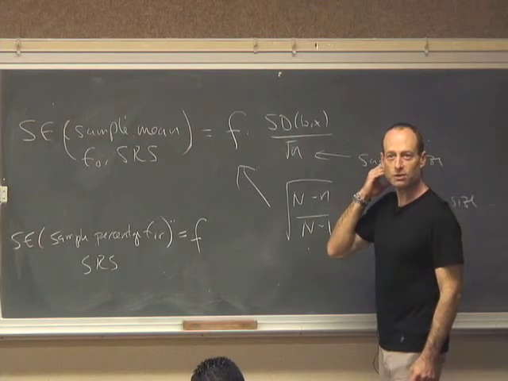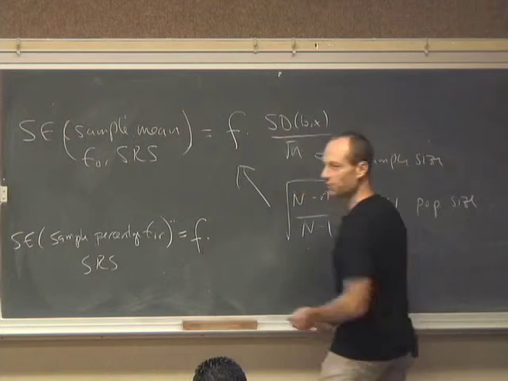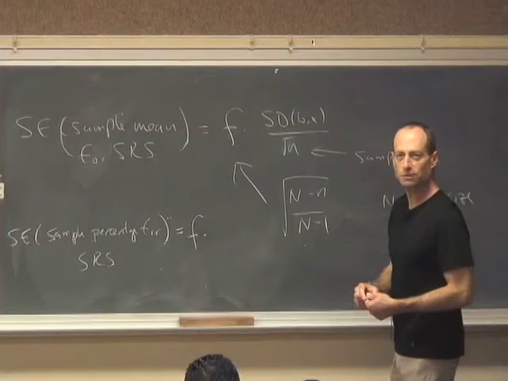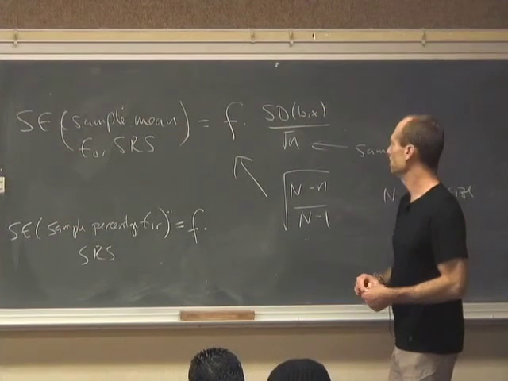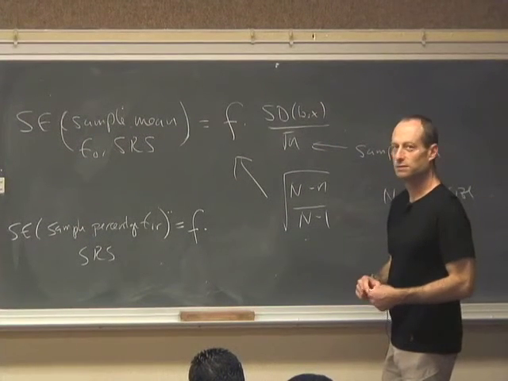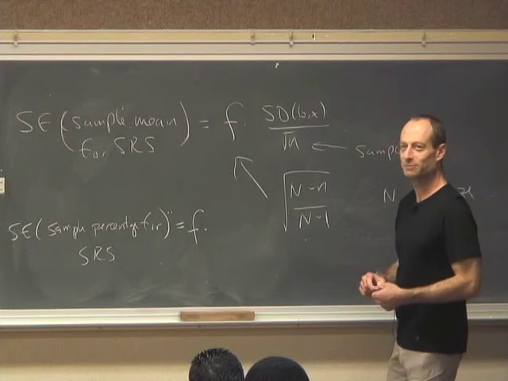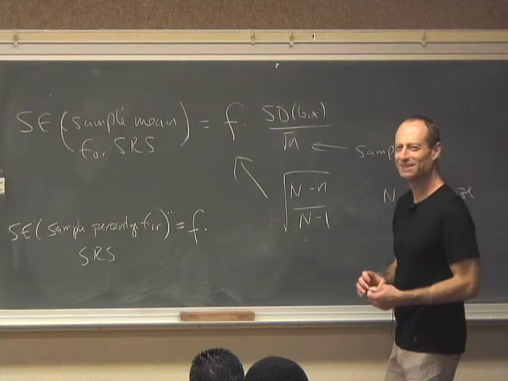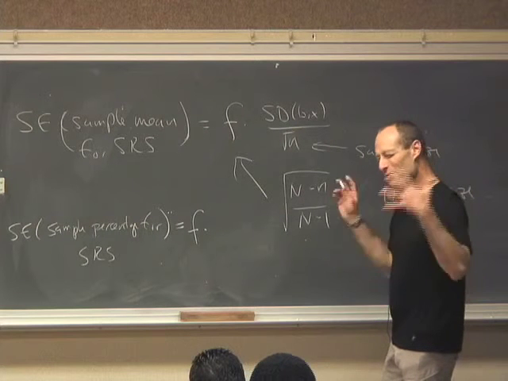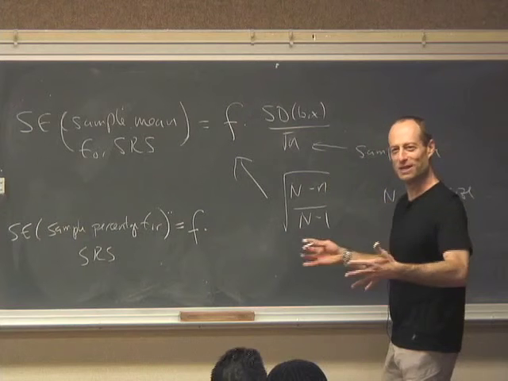What's the SD of the box in terms of the fraction of 1s in the box? Uh-oh. So ring a bell if you have a box, it's a 0, 1 box, has a fraction p of 1s. What's the SD?